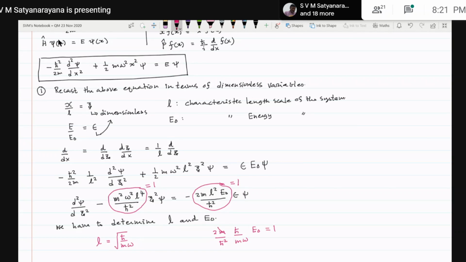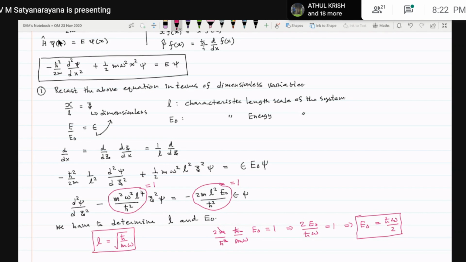So this m will cancel and one h bar will cancel. So it is 2 E naught by h bar omega is equal to 1, which implies your E naught is equal to h bar omega by 2. And if you can recall, this is the ground state energy, and this is the characteristic energy.